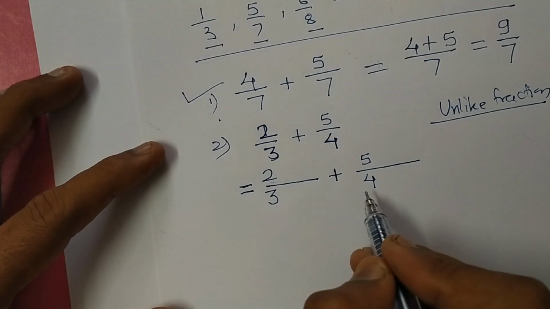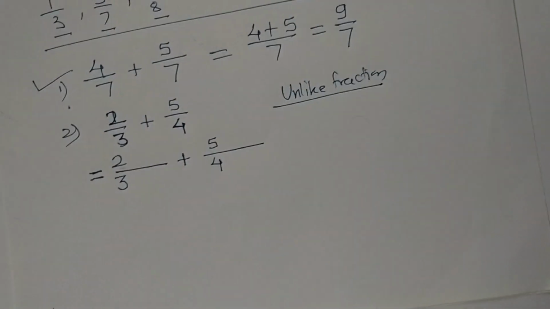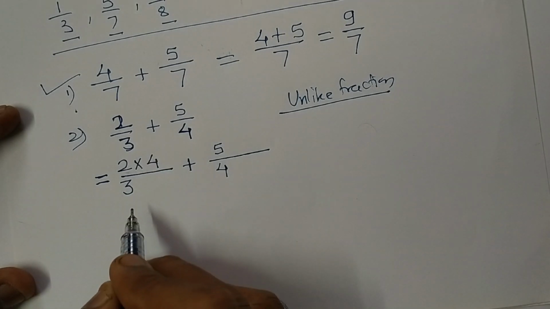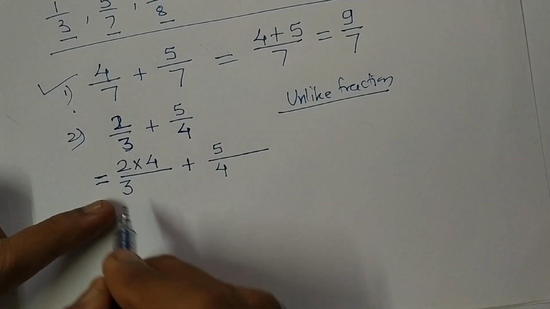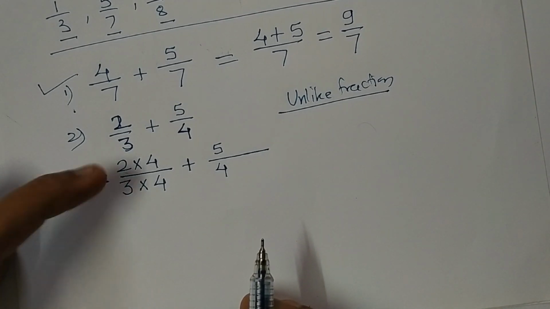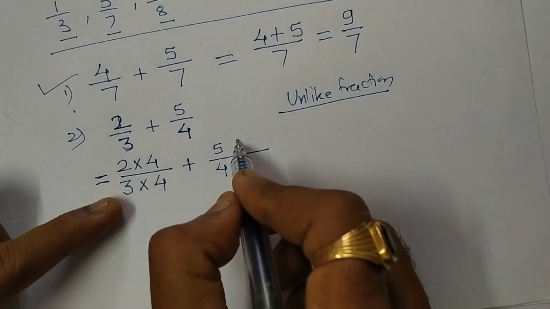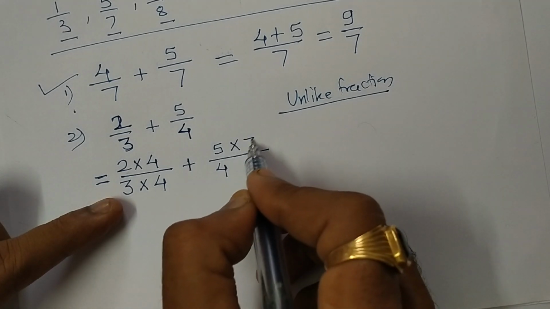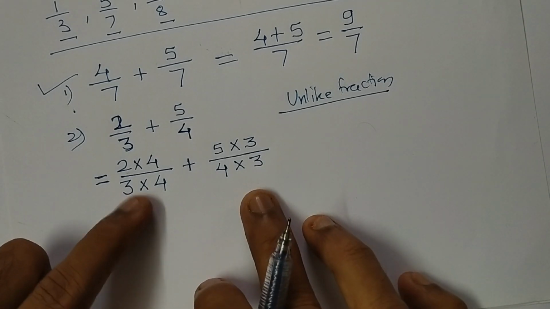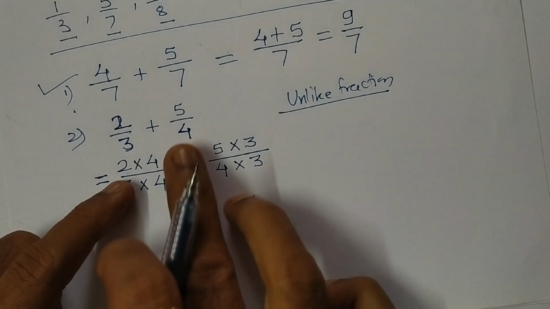Now the denominator of the second fraction, that is 4, we have to multiply with the first numerator 2, and like the family rule we have to multiply the same number in the denominator, that is 4 upon 4. And for the second fraction you have to multiply by the denominator of the first, that is 3, and here also 3.